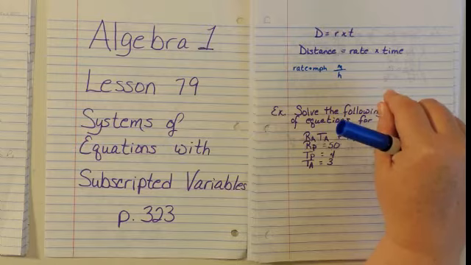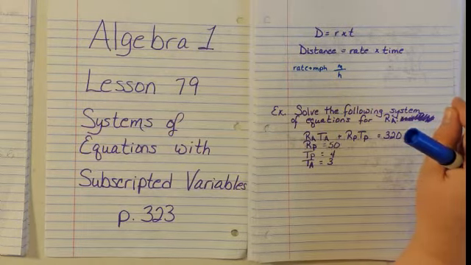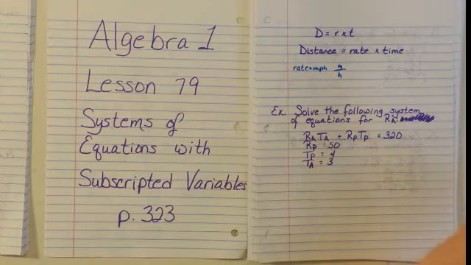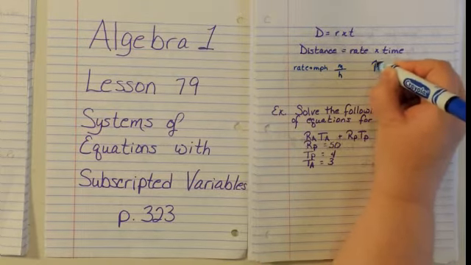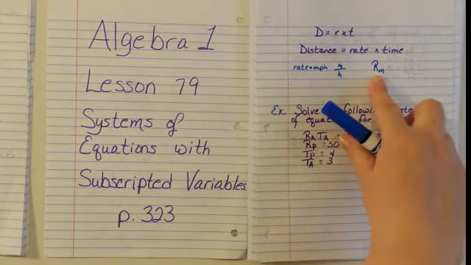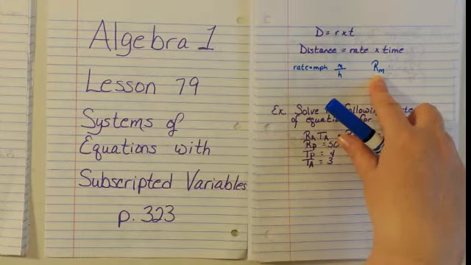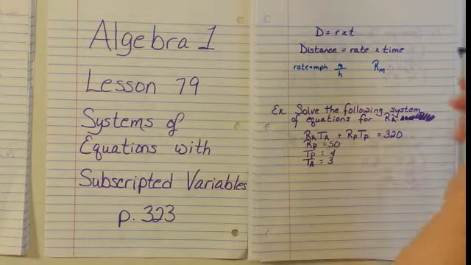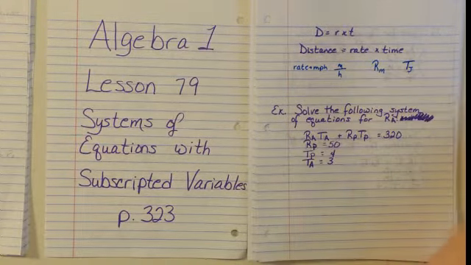When we do these equations, we're going to be using subscripted rates and times. So, for example, if we're talking about a guy named Mike and we talk about his rate, we're going to say rate of Mike, or R sub M. If we have Joni, then her time is going to be time subscripted J, time of Joni.